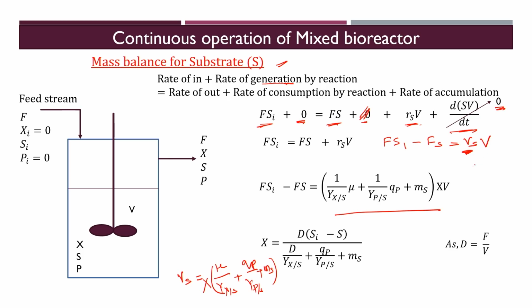into V. So, further we can divide F upon V as D. So, we are getting F Si minus S, you can divide by V, it becomes D Si minus S equals mu upon Yx upon S plus qp upon Yp upon S plus ms, this into x.